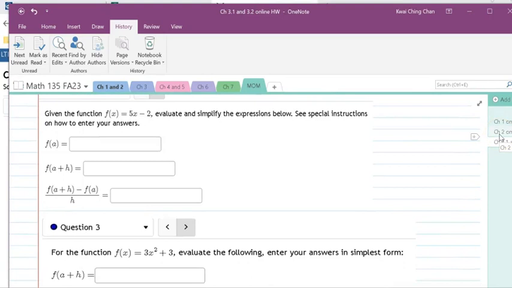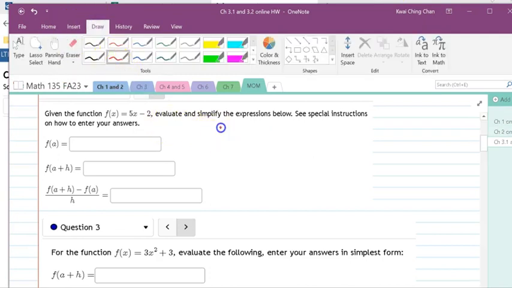F of a plus h: I have to plug in a plus h, right? 5 times (a plus h) minus 2. So that would be 5a plus 5h minus 2. And that would be this one.